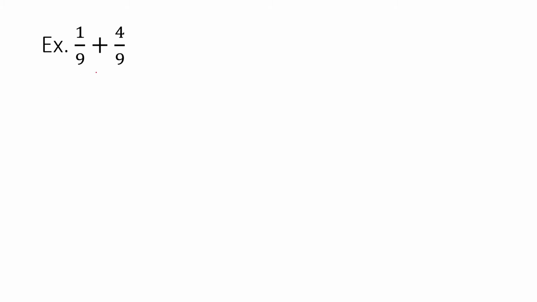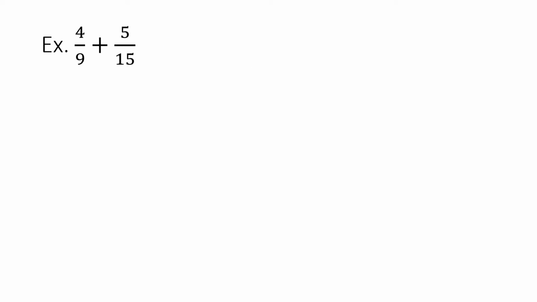So we have 1 over 9 plus 4 over 9. We have 1 plus 4 all over 9. So 1 plus 4 is 5, and we keep the denominator the same, so over 9. So 1 over 9 plus 4 over 9 is equal to 5 over 9. Can we simplify 5 over 9? No. So that's your final answer.